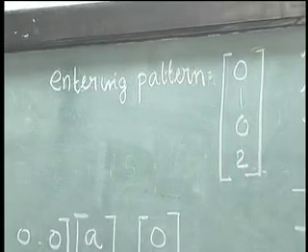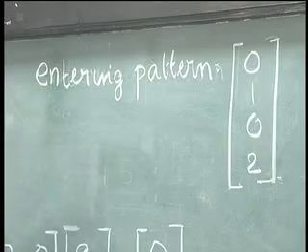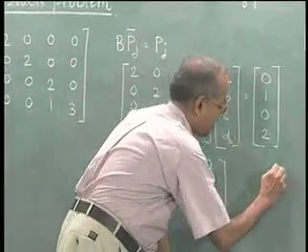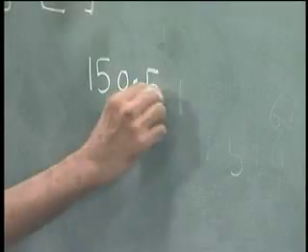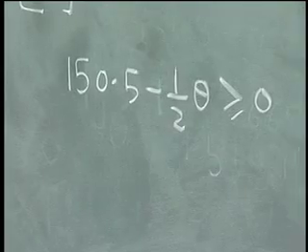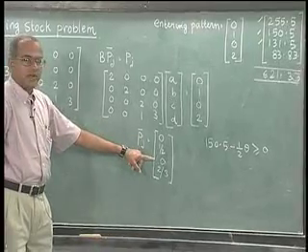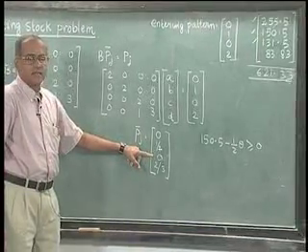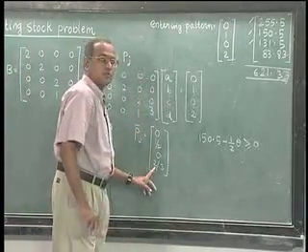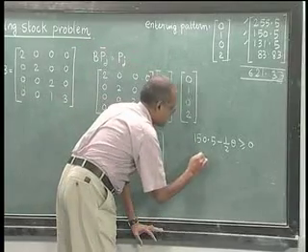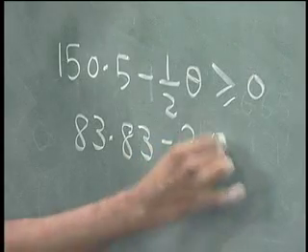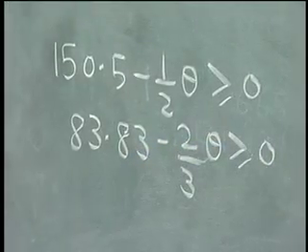So, we need to find out theta such that 255.5 minus 0 theta is greater than or equal to 0, 150.5 minus half theta is greater than or equal to 0, 131.5 minus 0 theta is greater than or equal to 0, and 83.83 minus 2 by 3 theta is greater than or equal to 0.